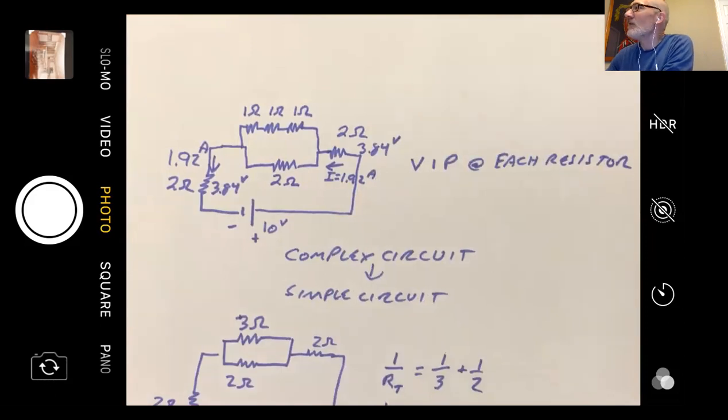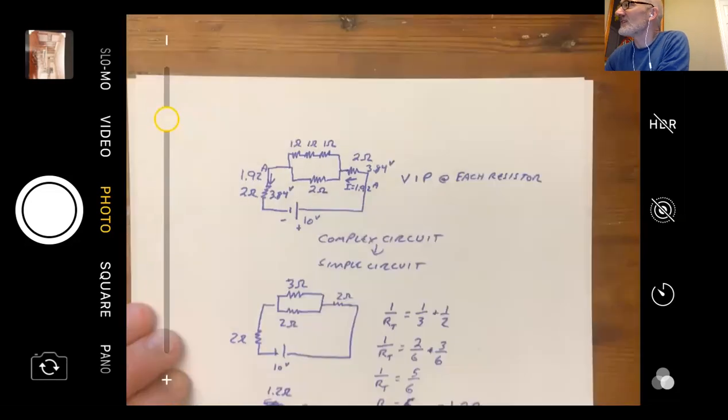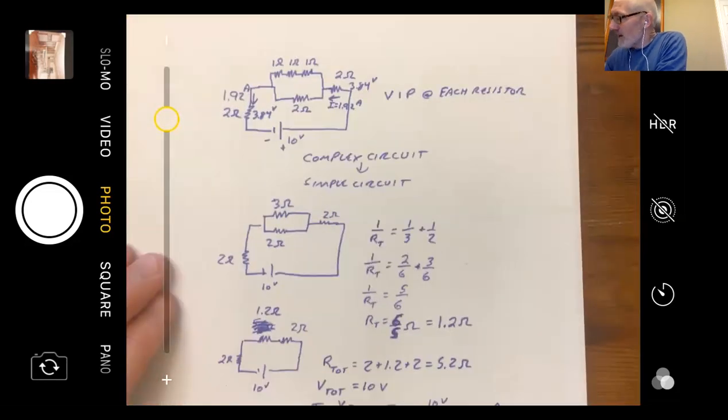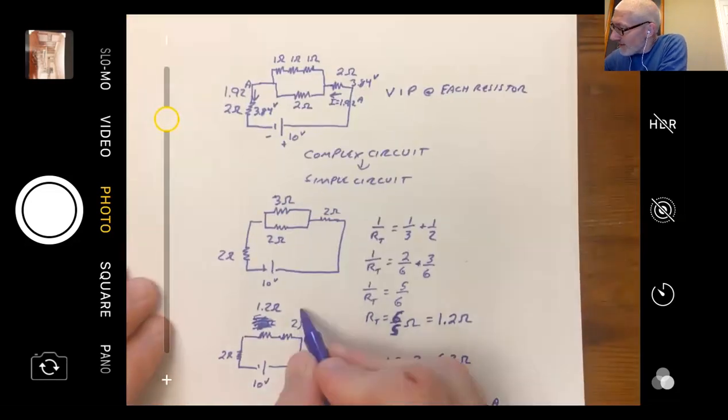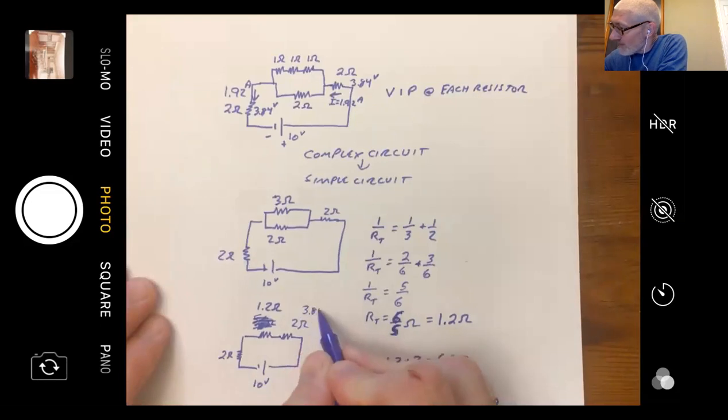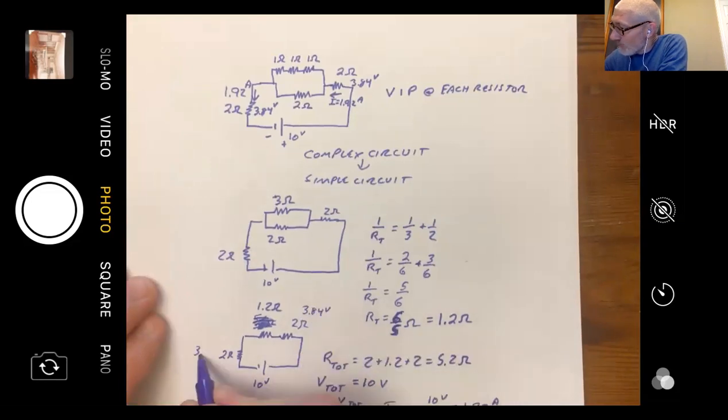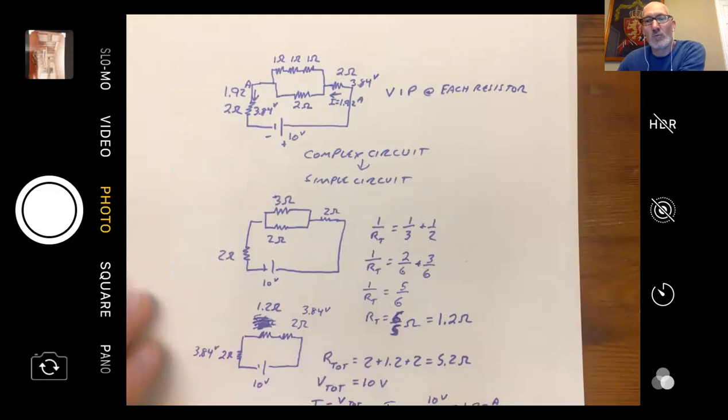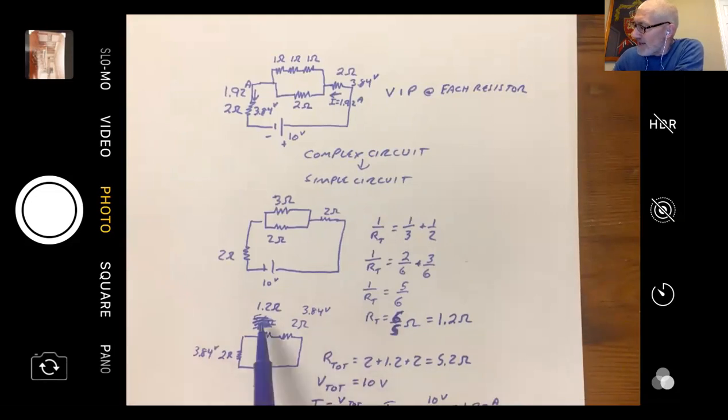If I were to zoom this out so we can see all these things at the same time, I've got 3.84 volts right here and 3.84 volts right here, there's a nice little rule about voltage. Voltage in a series circuit, what does the voltage have to add up to in this case here, guys? Anyone?